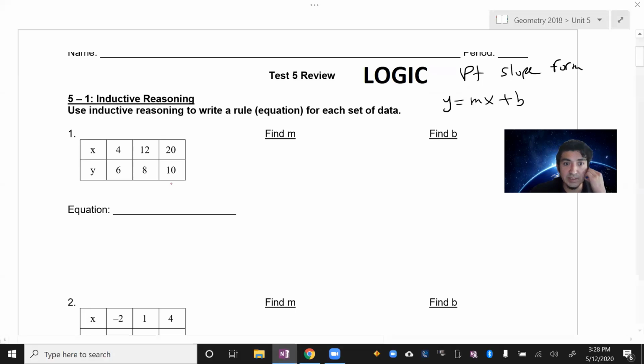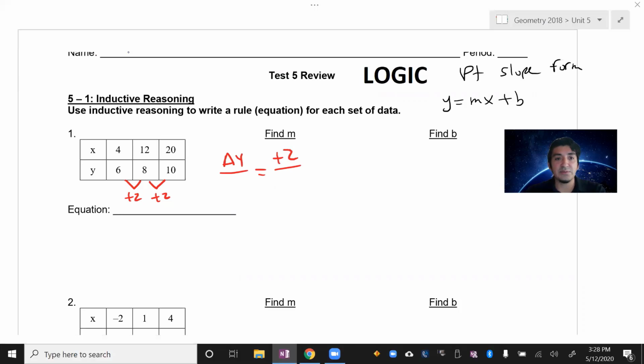What we're going to do here is identify the pattern between 6 to 8. So I have terms 4, 12, and 20. That's the term number I'm at. From 6 to 8, we're going plus 2. From 8 to 10, we're going plus 2. So my change in y will be plus 2.